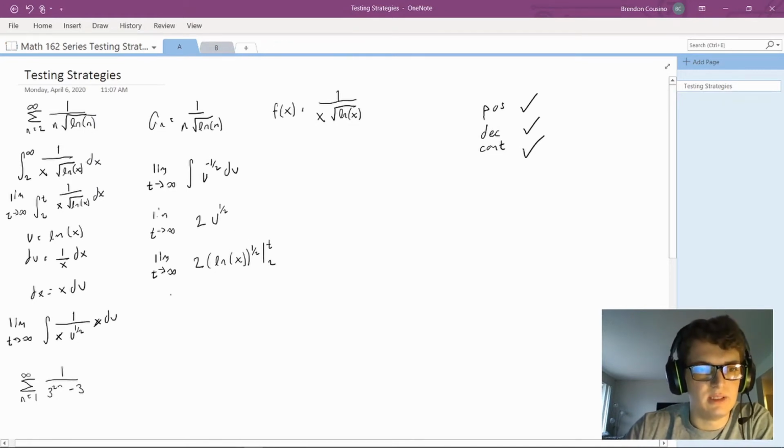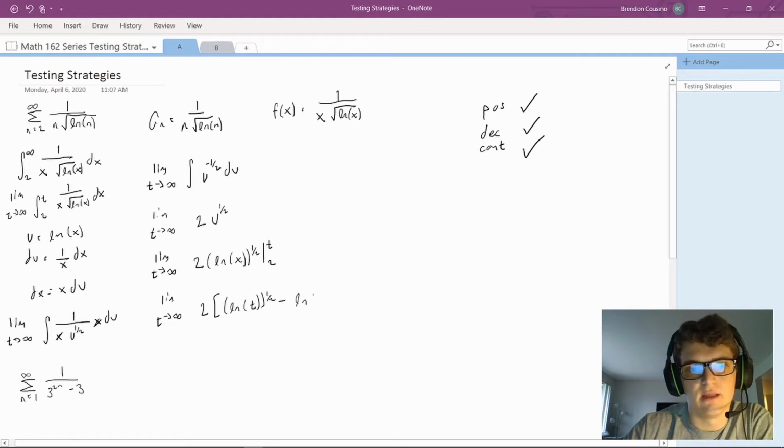Okay, so let's go ahead and evaluate that. So that's going to be the limit as t approaches infinity of 2 times the ln of t to the 1/2 power minus the ln of 2 to the 1/2 power.